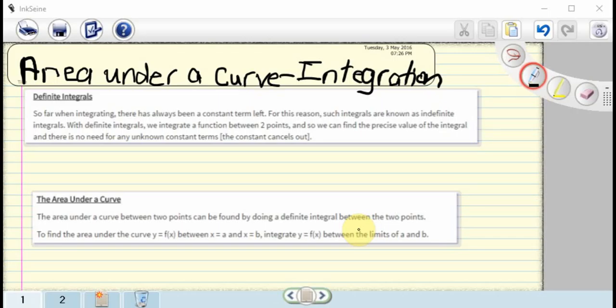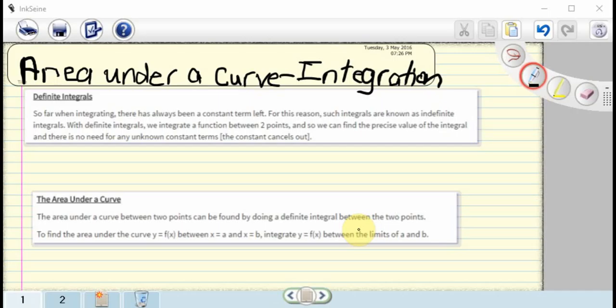However, with definite integrals, we are able to integrate a function between 2 points and find the precise value of the integral. And in that case, there is no need for a constant or unknown term. So this is what you need to know.